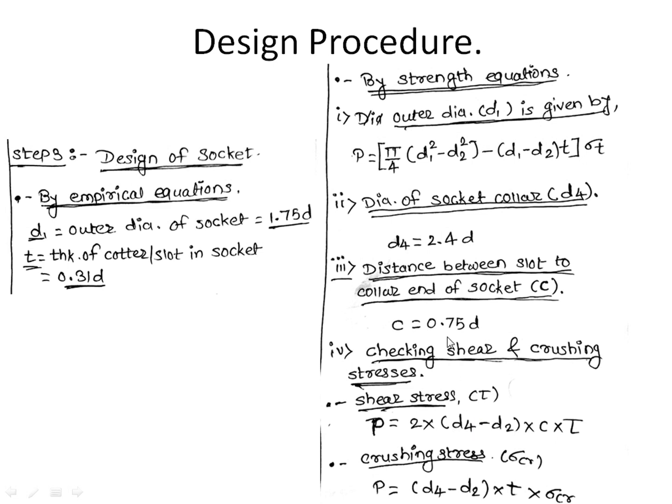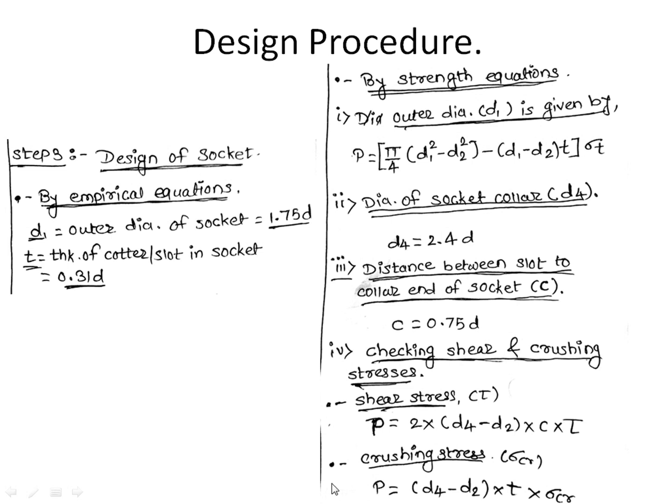Here you have to put the value of d4, which is calculated by this empirical equation, d2 which is calculated in the previous step, c which is calculated by this empirical equation, and putting all these values of P, d4, d2 and c in the equation, you will have to calculate the shear stress, and the value of calculated shear stress is then compared with the shear strength of material. If it is less than the allowable shear strength of material, then the design is safe.